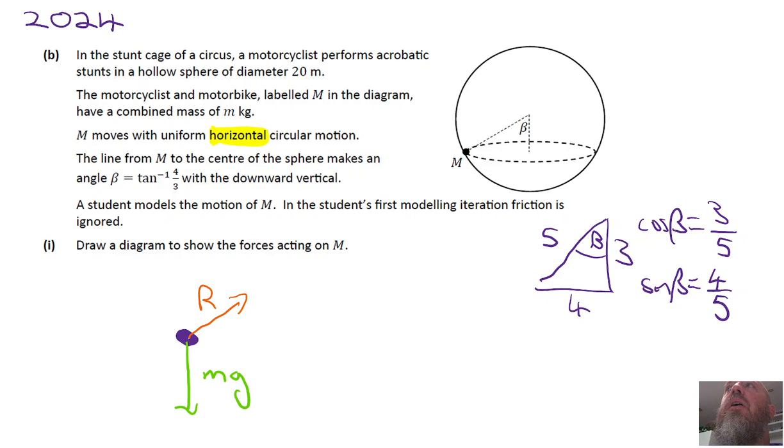And if you want to, you can put a little line in here just to show that you're on the surface of a sphere. You don't have to, but it often helps me to be able to visualize what's going on. And that has that angle beta as well, because the reaction is always pointing to the center of the sphere.